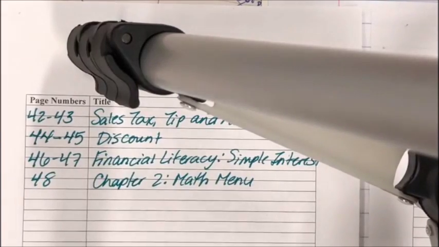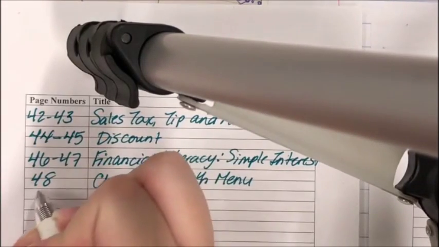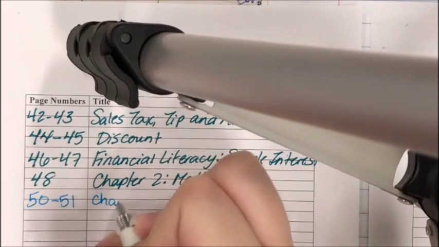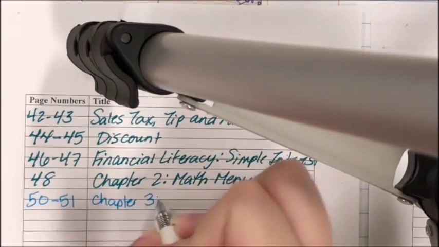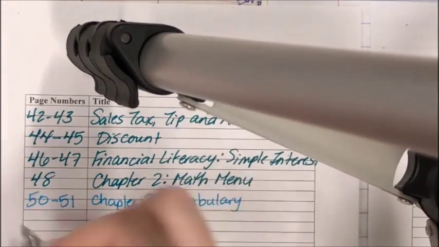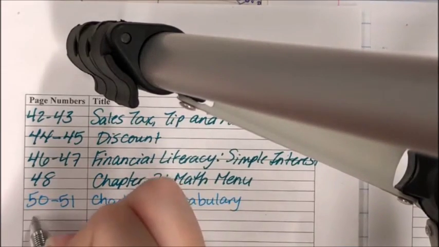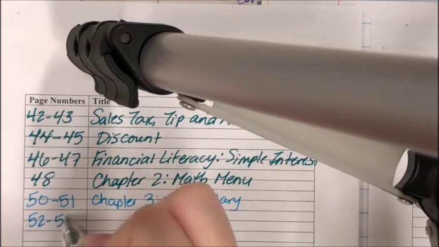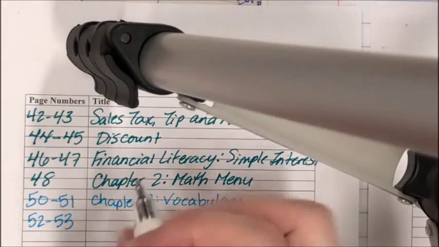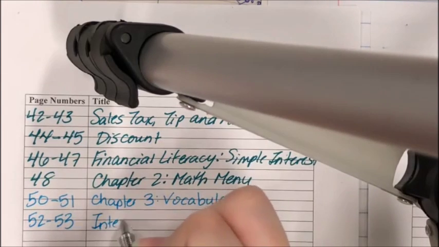All right, on pages 50 to 51 was chapter 3 vocabulary. On page 52 through 53 was integers and absolute value.